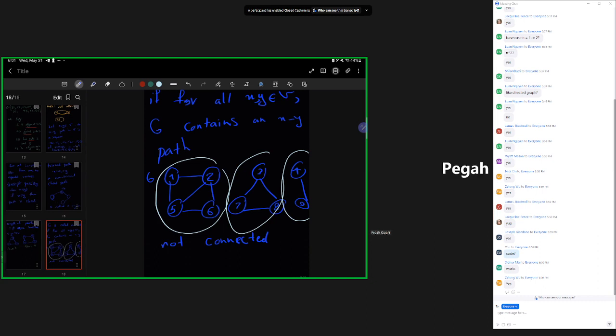If you type it somewhere and want to take a photo and upload it, that's fine, as long as it's your work. You can just upload it.